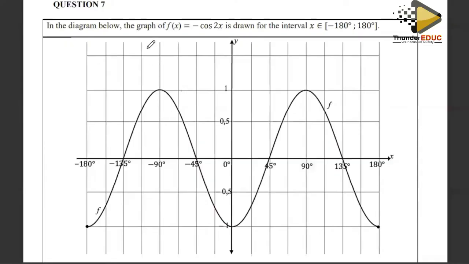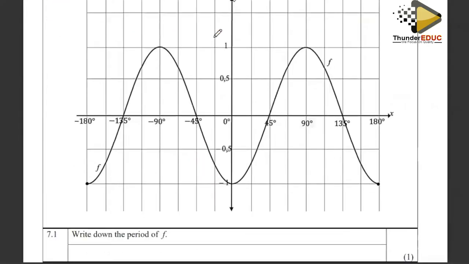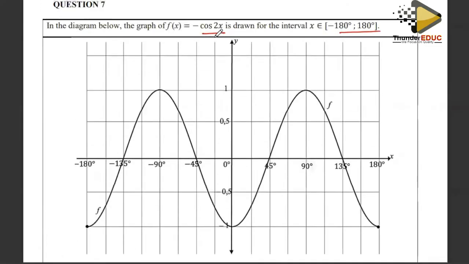All right, in the diagram below, the graph f of x is negative cos 2x within this interval, okay? Now they want the period of f. If the graph is just cos x, the period is going to be 360. If it's cos 2x, it's going to be 360 divided by 2, which is 180.